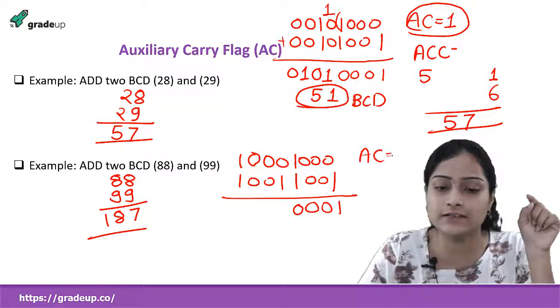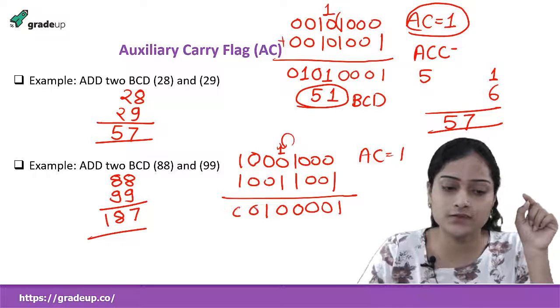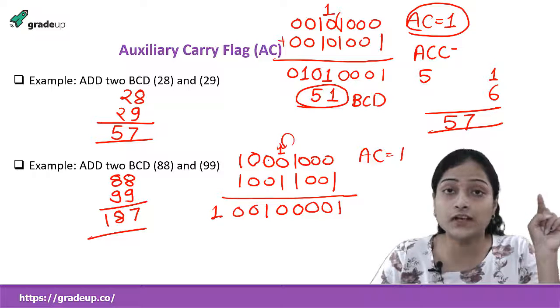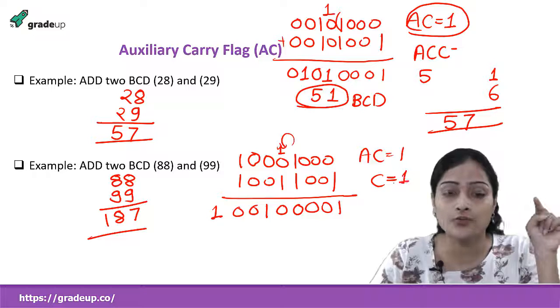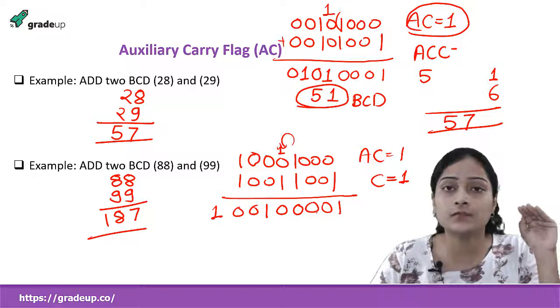That is why AC will be set to 1. Then 0110 1001. This time, 1 extra bit is also generated out from the MSB. Then carry will also be set to 1. This time the carry bit is also set to 1. Now read it in the form of BCD.